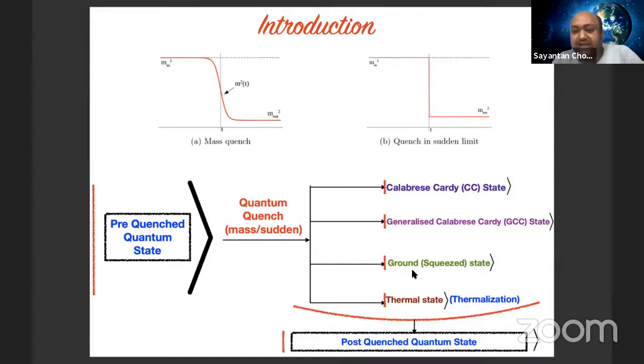I'm not talking about the ground state, but from these CC and GCC states, one can actually thermalize the system. And this is the actual goal: how to trigger the process of thermalization using this quench.